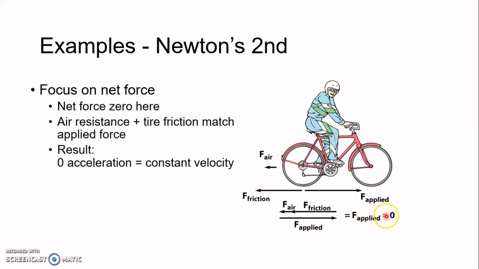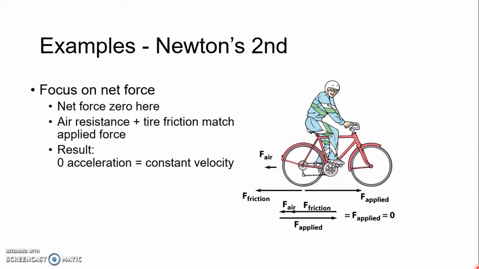Here, this is an error from the publisher. This should say net force, F net. The net force is equal to 0. Now, if your net force is equal to 0, then F equals ma, 0 is equal to ma, which means that we have 0 acceleration.